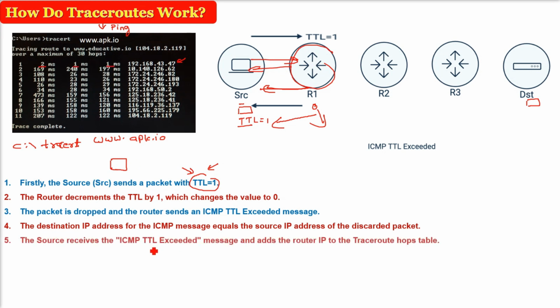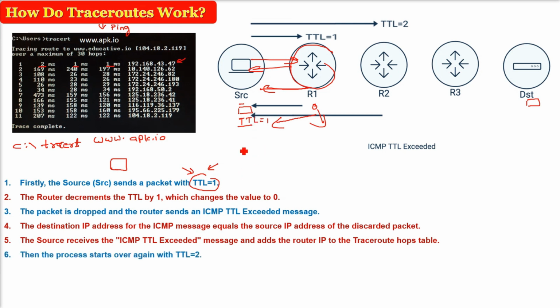The source receives the ICMP TTL exceeded message and adds the router IP to the traceroute hops table, which you see on the left top. Then the process starts again with TTL 2. Now it will go to R1 and be decremented, then go to R2 and be decremented again. Now the TTL will become 0, so the packet will be discarded.